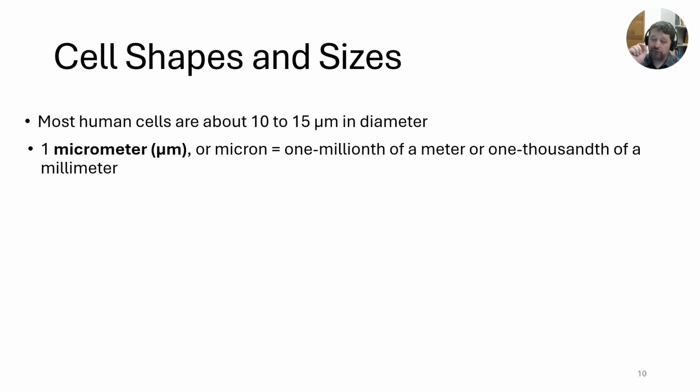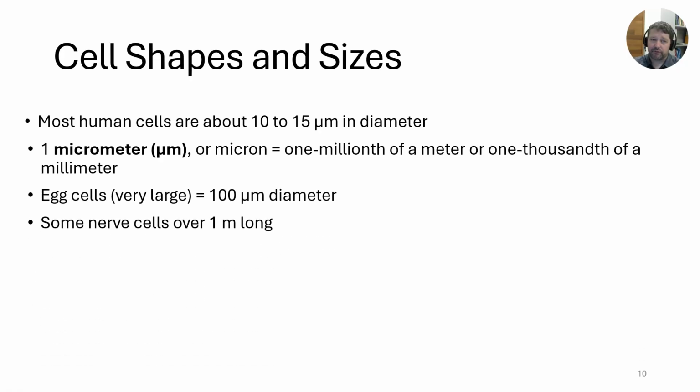On your way up to 1 centimeter, you're going to have 10 little teeny dash marks. Each one of those is 1 millimeter, and a micrometer is one thousandth of that millimeter. They're pretty small.